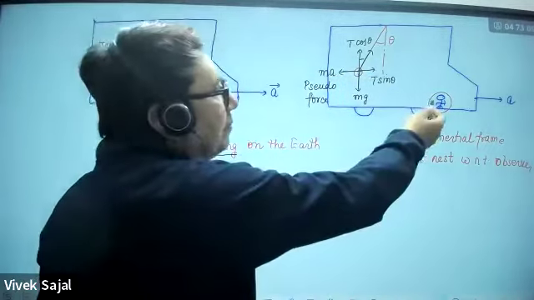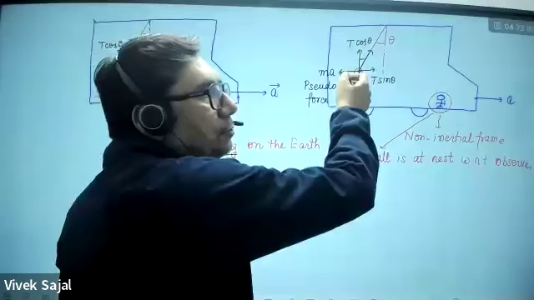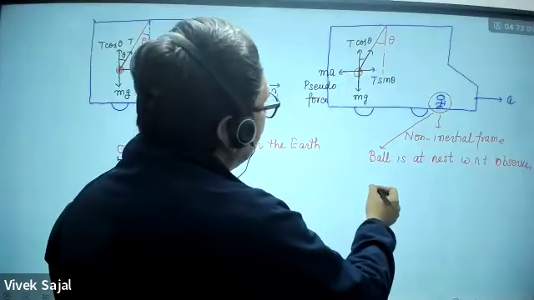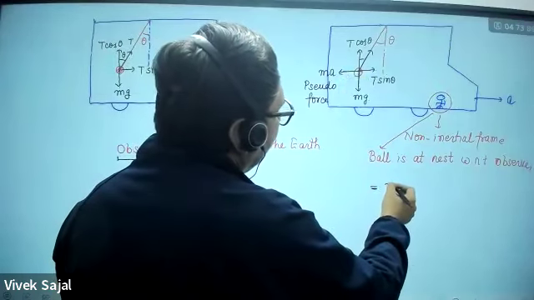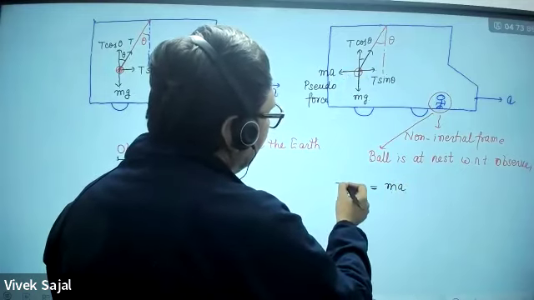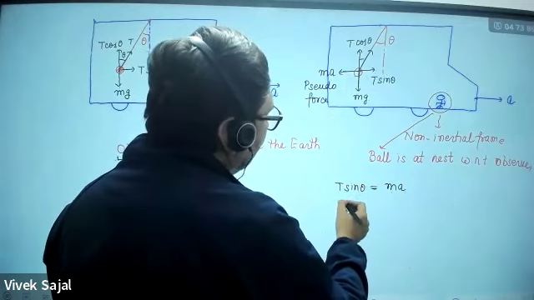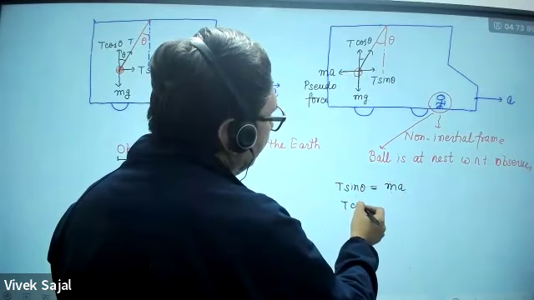So how did he justify his observation that this ball is at rest? By using this pseudo force. So here this ma, the pseudo force, is actually balancing this T sin theta, and this T cos theta is balancing the weight.